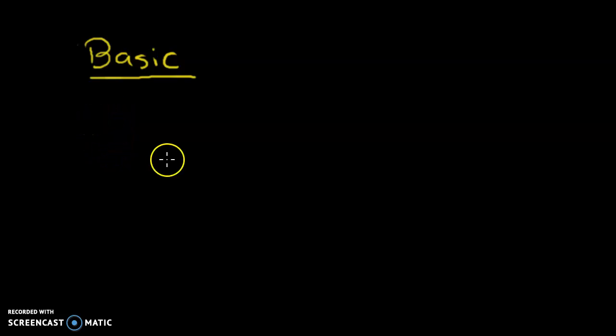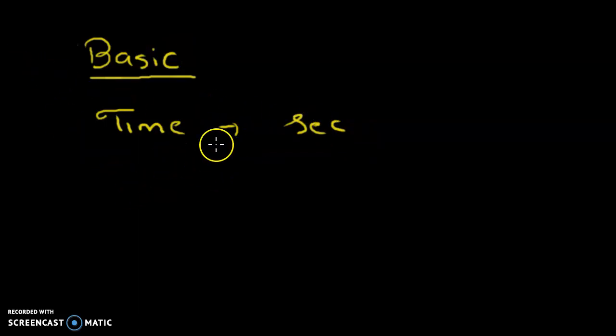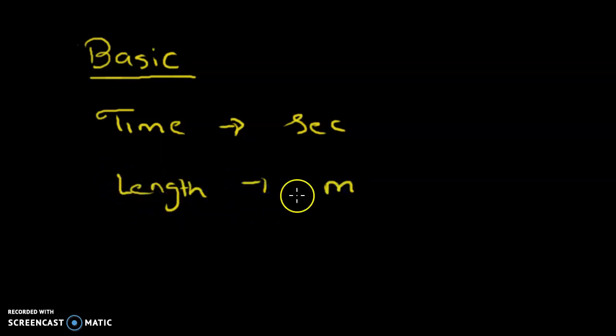Their units are called basic units. Like for time it is second. There are others as well, but the standard unit is second. Hour is also a unit, day is also a unit, minute is also a unit. Length, the basic unit is meter. I'm just giving the representation.